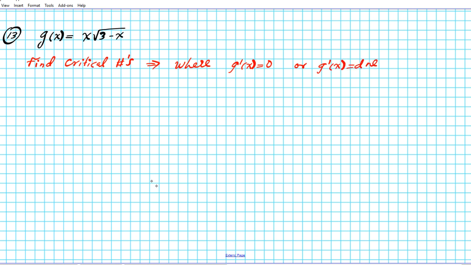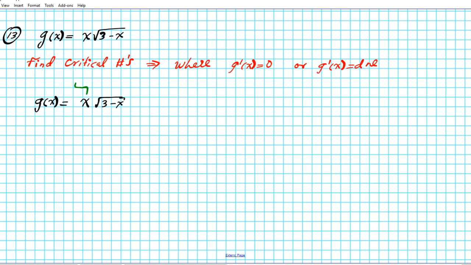Alright, so let's see what we have here. We have our function x root 3 minus x. We have a product of a radical function and a linear function. So we're going to have to use the product rule here. There's no way we can avoid using that. No manipulation will result in avoiding that procedure, so we have to use it.